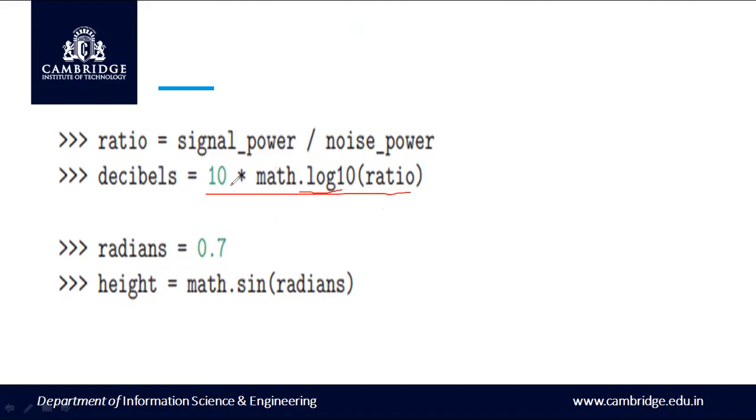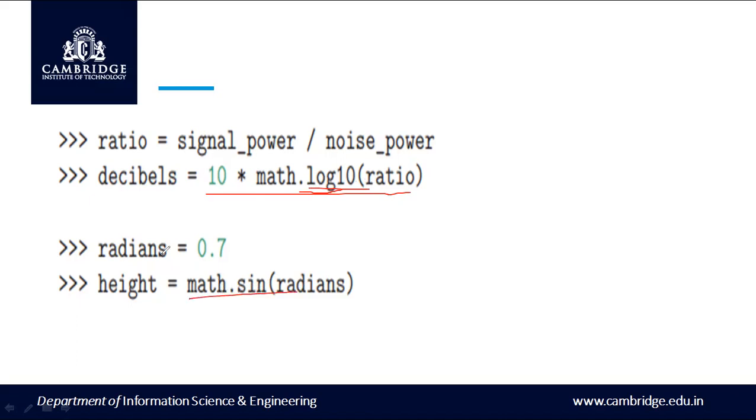math.log10. Here you can see, wherever the math function is required, we are supposed to type math and the dot operator and whatever function we prefer to use in the program. Here is an example for math.log10 and also another program example.